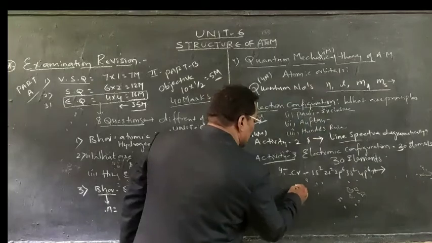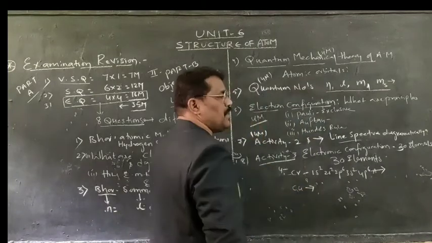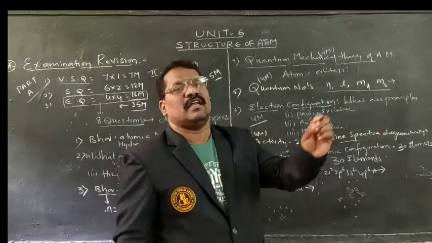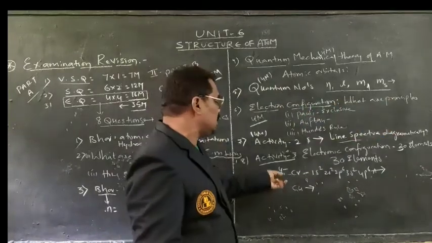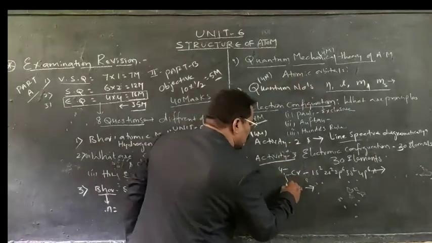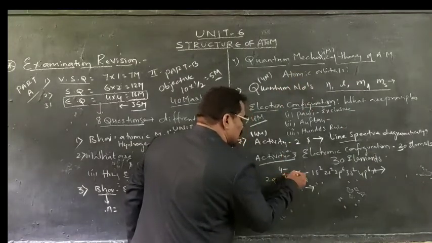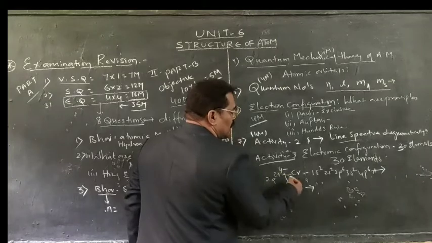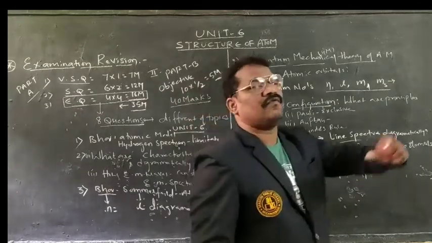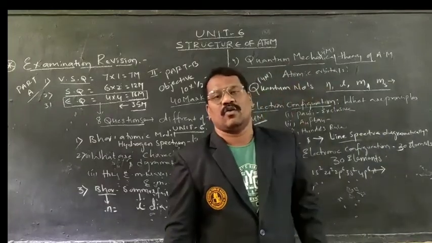And what is the electronic configuration of cuprum? In that particular way, there is a little bit of variation in the electronic configuration of these elements. He may ask for 1 mark, which would be after the 20 elements only. Chromium and cuprum atomic numbers are after the 28th element only.